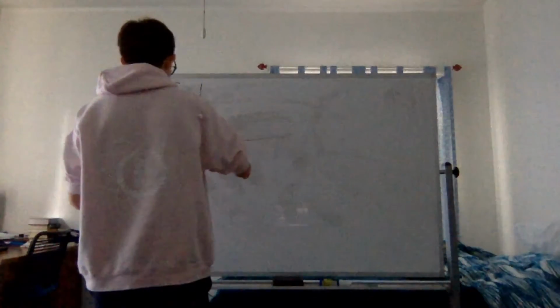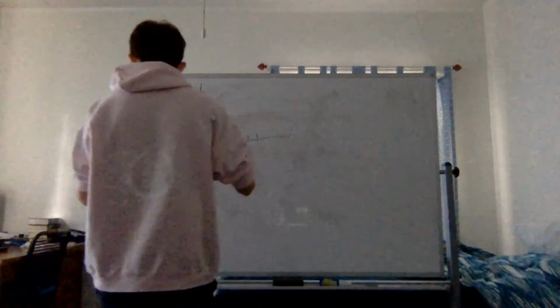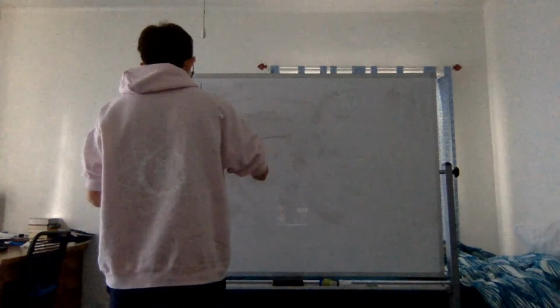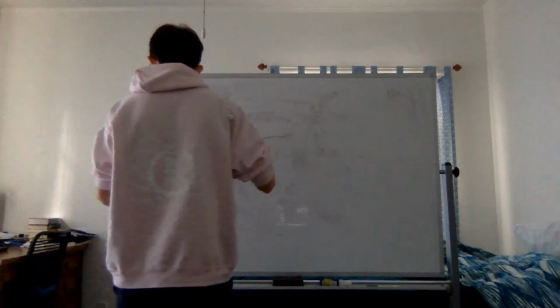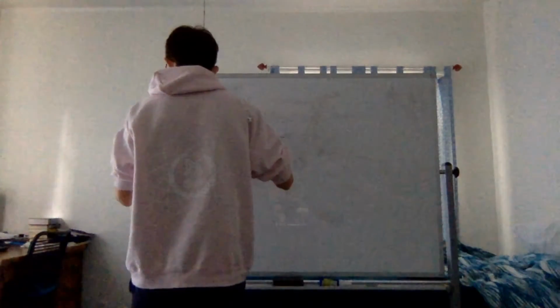Okay, number 5, right? So for number 5, we're given this graph, 1, 2, 3, 4, 5, 6 on each axis. Point 1, comma about 3.5. 2, comma 1, with an open circle at 2. 3, about 5. 4, a little under 2.